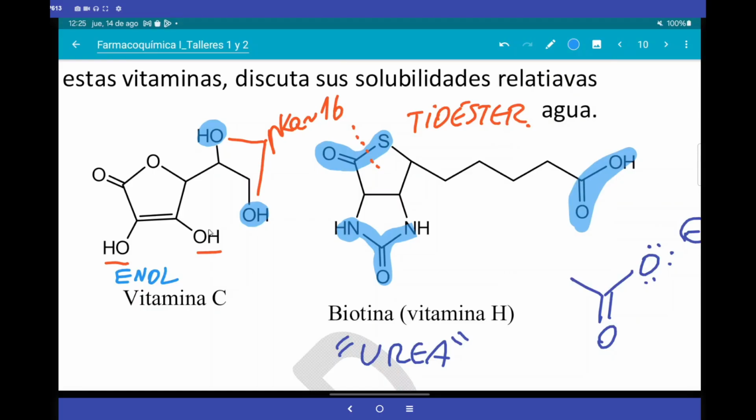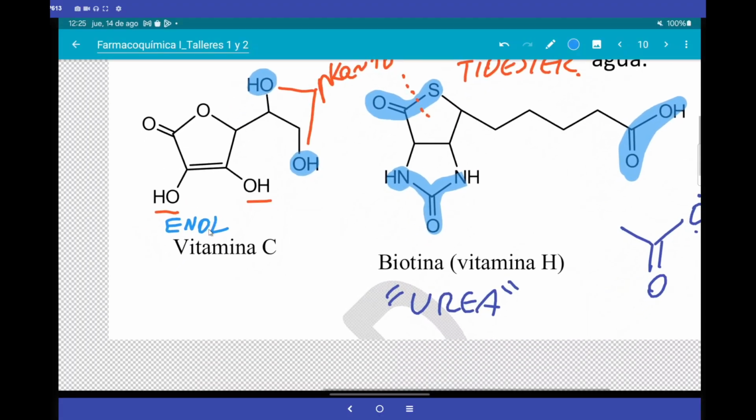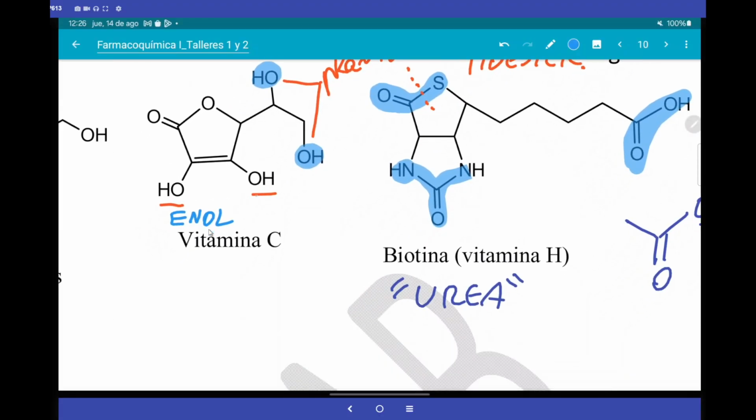The answer is the one that stabilizes the negative. That is, when the proton is released, the one that is more acid is this one here because it stabilizes the negative charge better.